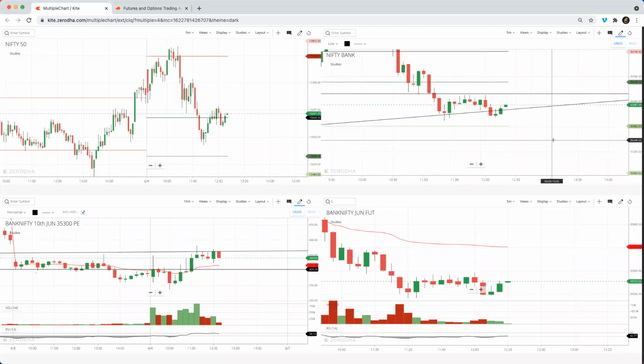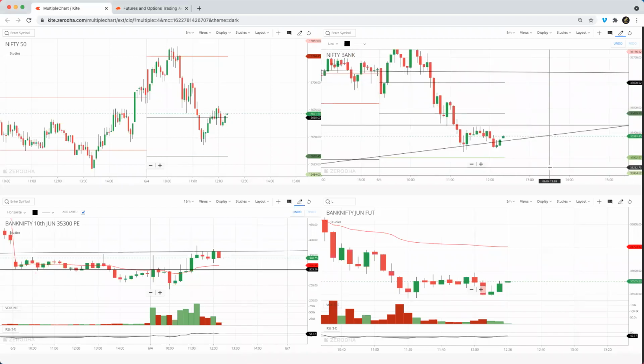I'll be keen about flipping my position if price can manage to take above this. Okay. So Bank Nifty is still picking up.